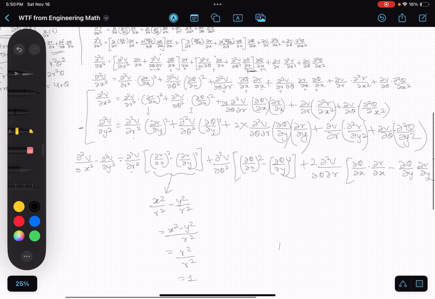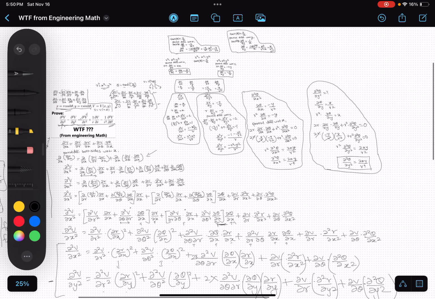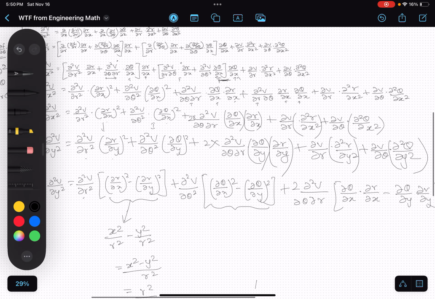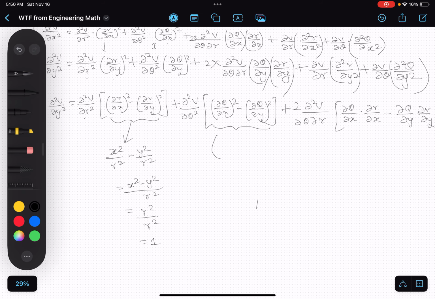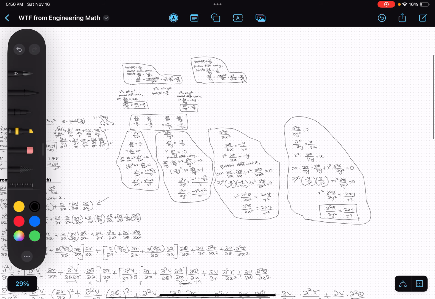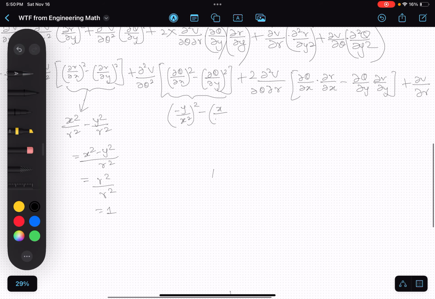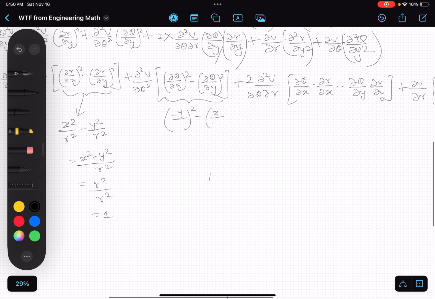Now let's see this one. Partial theta by partial x is minus y by r square, and the other is x by r square. So this is minus 1 by r square times x by r square, I'm sorry, this is minus 1 by r square times x by r square, right?